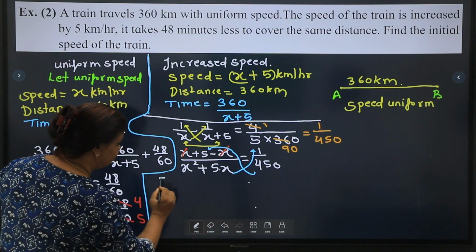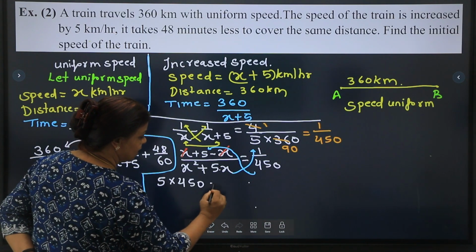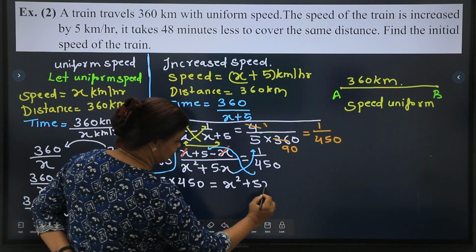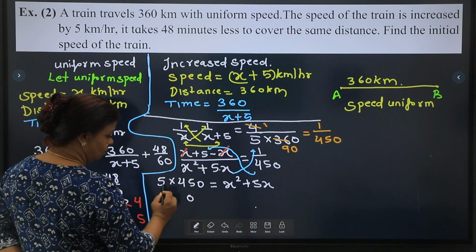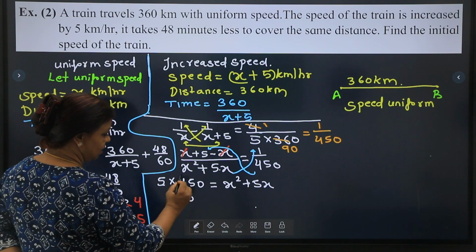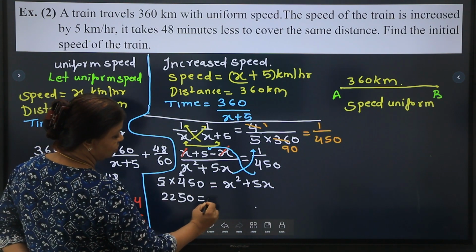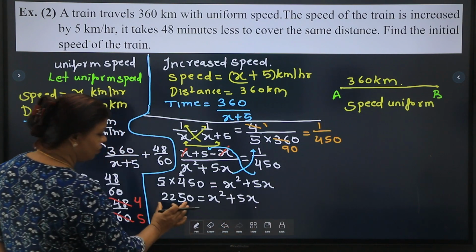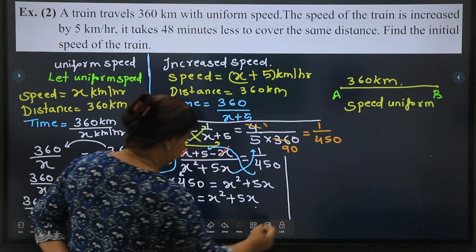We will get 5 into 450 is equal to x square plus 5x. Now 5 zeros are 0, 5 5s are 25, carry 2, 5 4s are 20, 2250, which is equal to x square plus 5x.